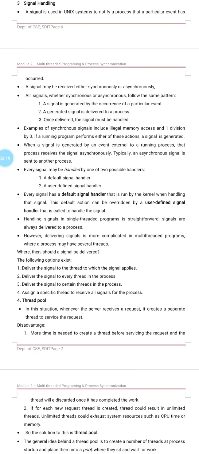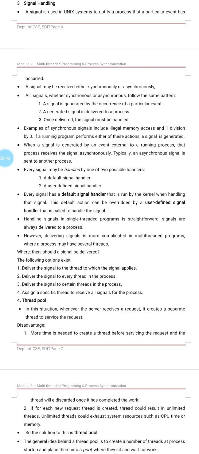So the following options exist. First, deliver the signal to the thread to which the signal applies. In the first option, you are sending the signal to a particular thread to which the signal applies. Second, deliver the signal to every thread in the process. We have a process which consists of n number of threads, so the signal is sent to all the threads.